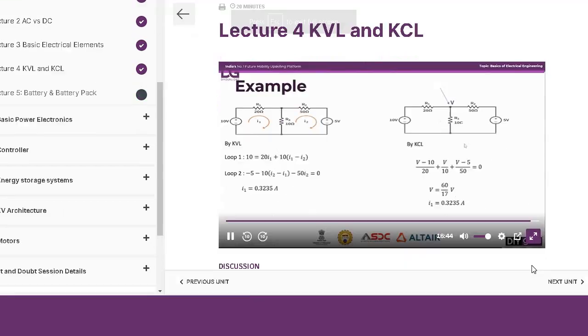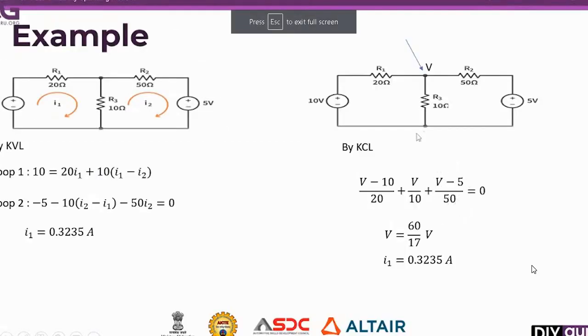The current in the last element is (V minus 5) by 50. So these three are the three currents. Now we want this current, and we already know the V value, so you just apply this value here and get I1. I1 you will get as 0.3235. In both the cases, whether it is by using KVL or KCL, you get the same value of I1.